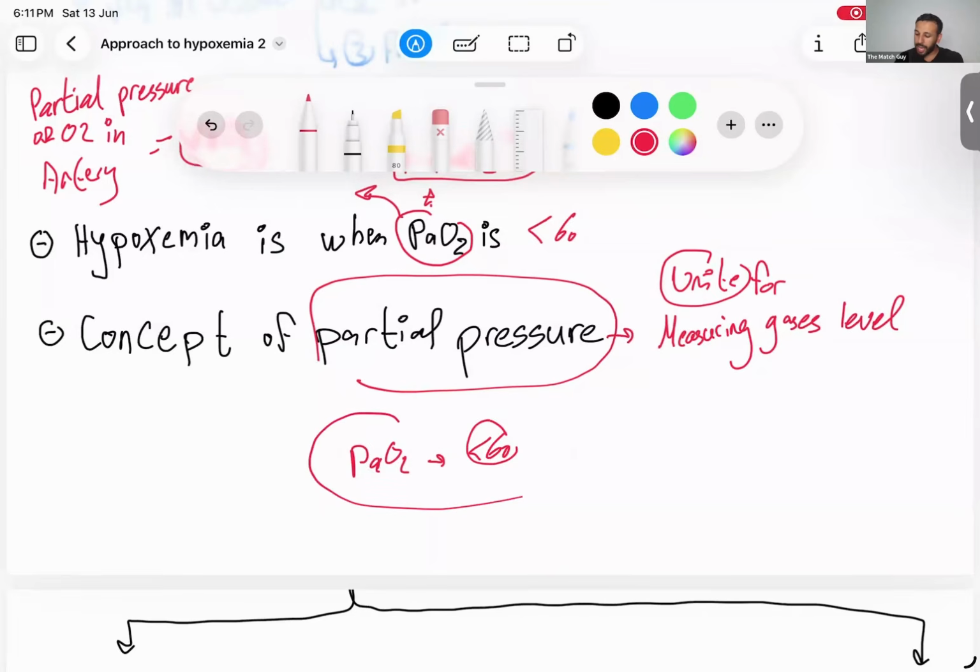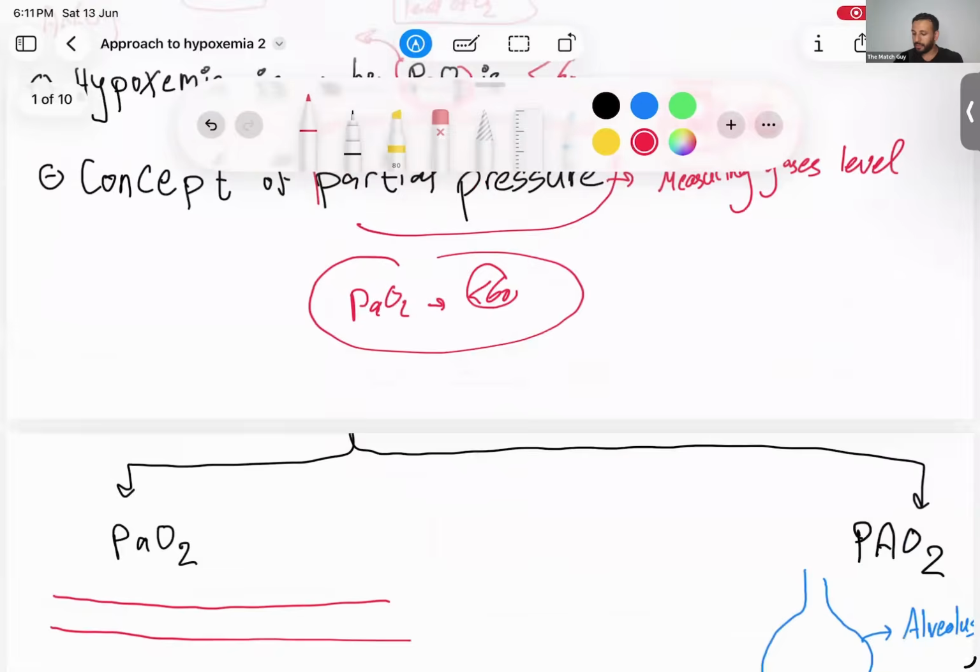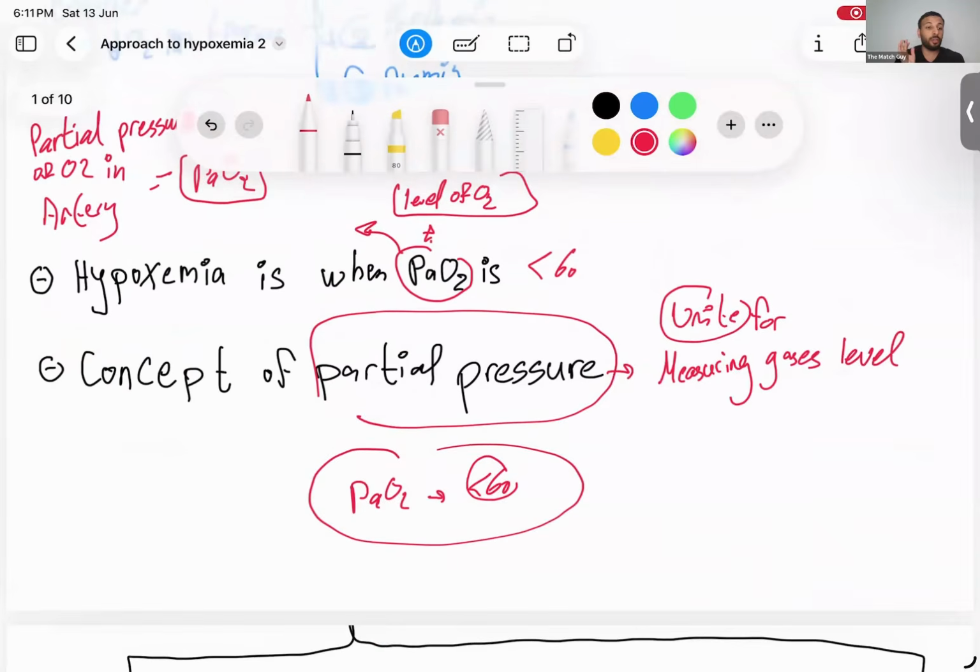When the patient is having PaO2 less than 60, we say that the patient is hypoxemic. Is this concept clear before going to the next one? We're gonna talk about all of this, guys. Just for now, is the concept of partial pressure okay? The hypoxia, hypoxemia. Is there anything not clear here? Okay, amazing.